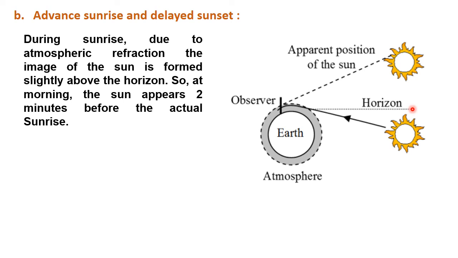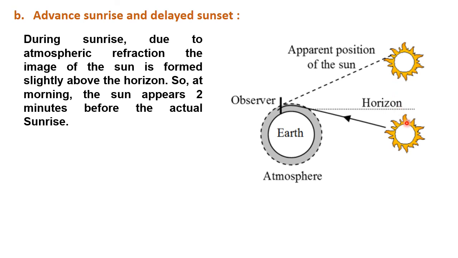Now, when the sun is below the horizon, the rays of light coming from the sun will undergo refraction and bend towards the earth's surface. Because of this atmospheric refraction, the observer on the surface of the earth will see the sun above the horizon.